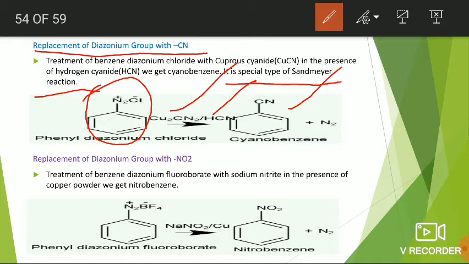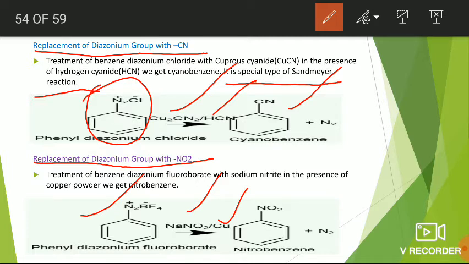Okay, next, replacement of diazonium group with nitro group. It is done by treating aryl diazonium fluoroborate with sodium nitrite, not nitrate, in the presence of copper powder.